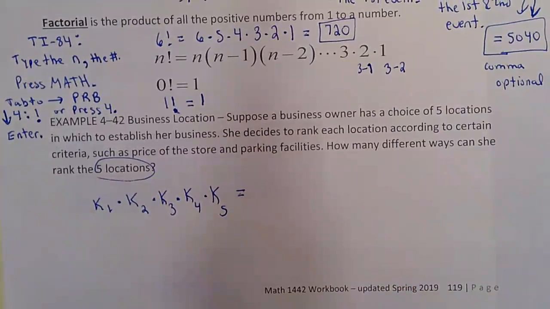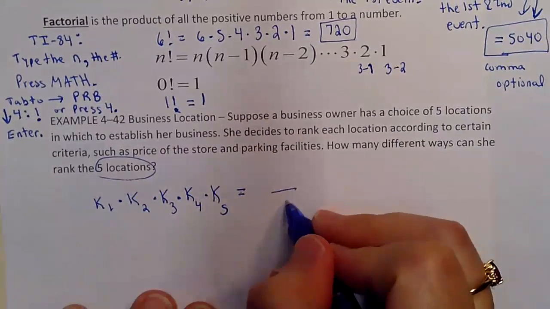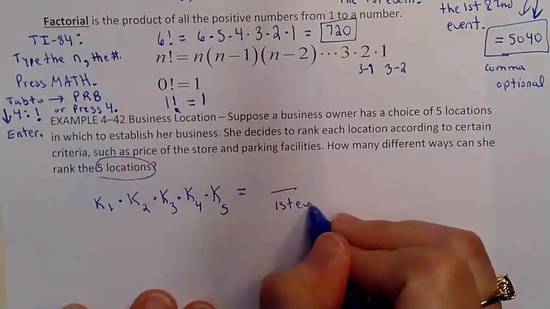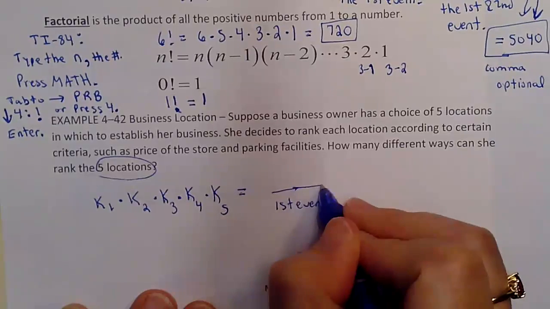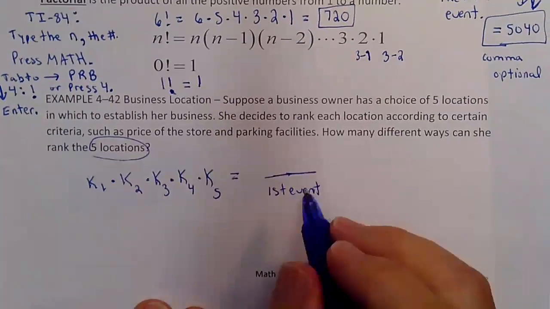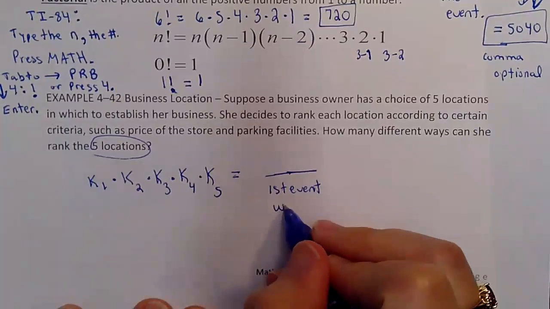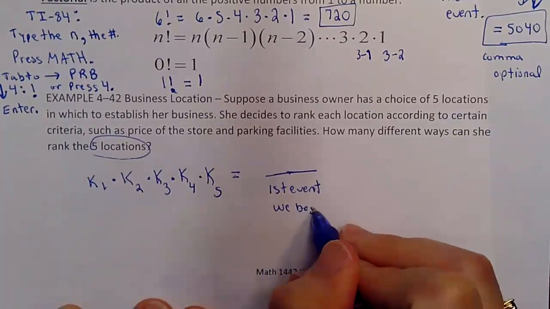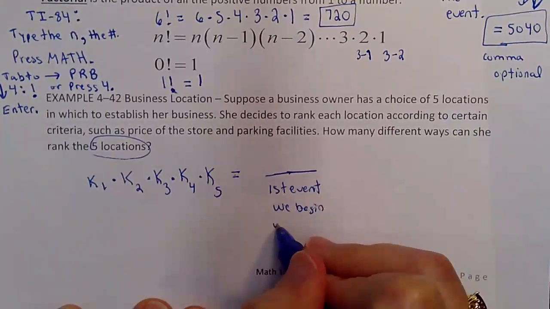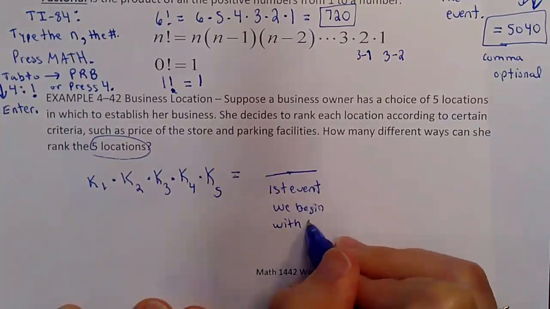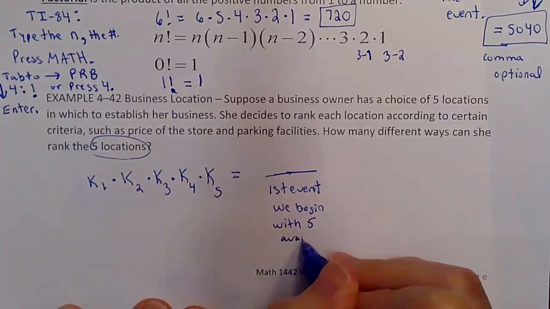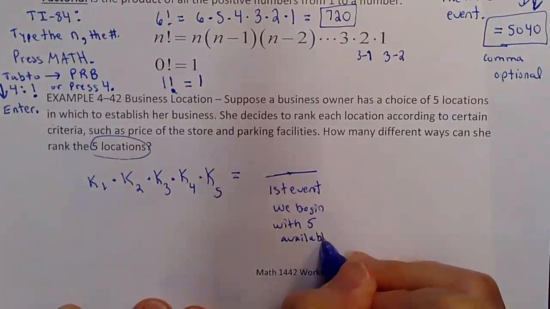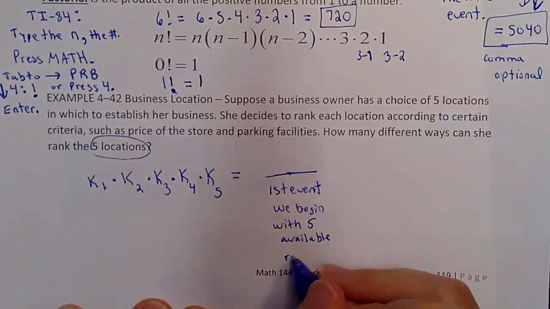Okay, and when we do the first event, we begin with 5 available rankings.